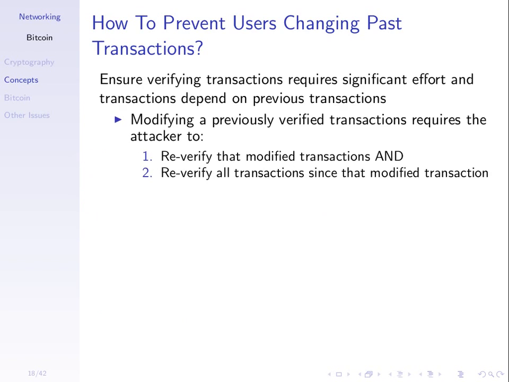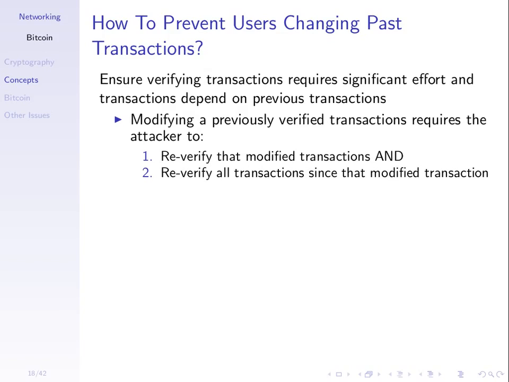Now, all right, so that's one challenge we have. How do we do that? Well, we'll see what Bitcoin does is that the aim is to make sure that when you verify that a transaction is valid, doing so requires a lot of effort.